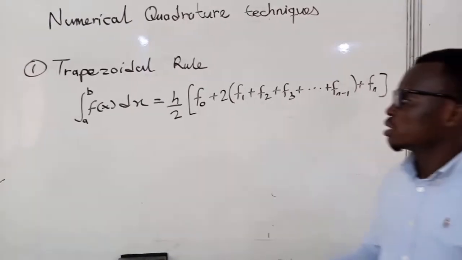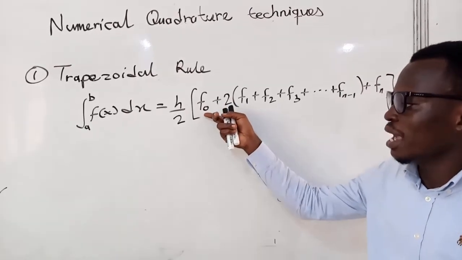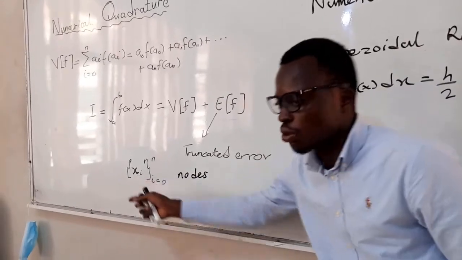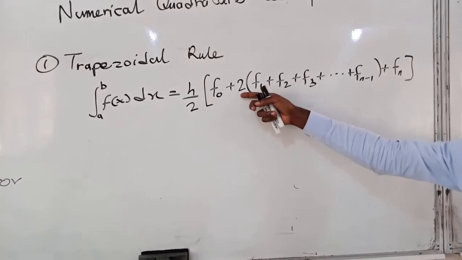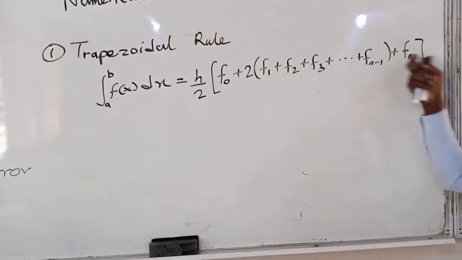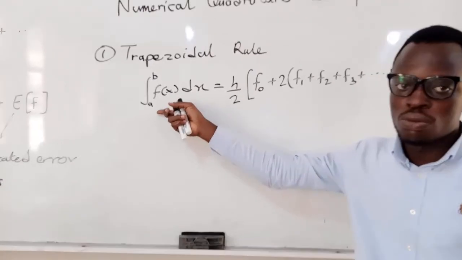He's saying that if you have the first functional value, when i is equal to 0, you're going to have x_0, so the functional value at x_0, which is f_0, plus 2 times the rest of the functional values up to the nth term, plus the nth term, will give you the trapezium rule.